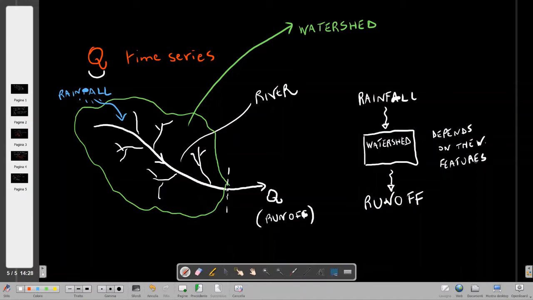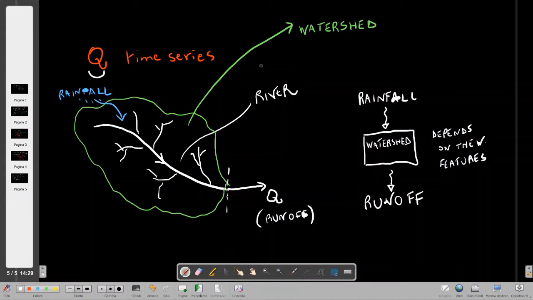So the transformation from rainfall to runoff depends on the watershed features, in particular on the land use related to the watershed. And as you can understand, the watershed is changing. So where a long time ago there was natural land, perhaps today there is an urban area.